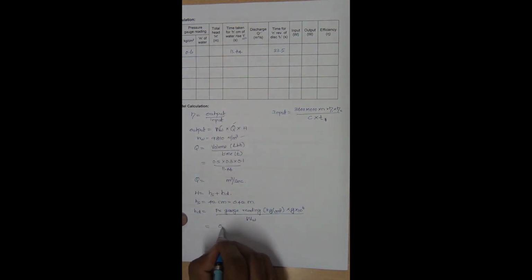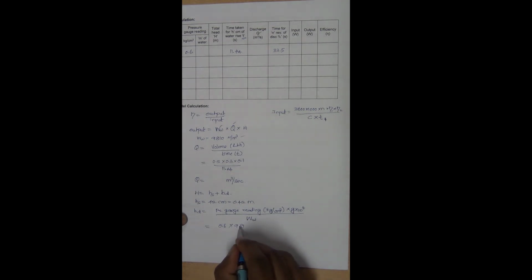Let us take that reading. Pressure gauge reading in kg per centimeter square is 0.6, into g, 9.81, into 10 power 4, divided by WW, which is 9.81 into 1000. I am splitting 9810 as 9.81 into 1000. So the 9.81 cancels, and the 1000 cancels with the power 4 leaving 10. So 0.6 into 10, HD is equal to 6 meter of water.